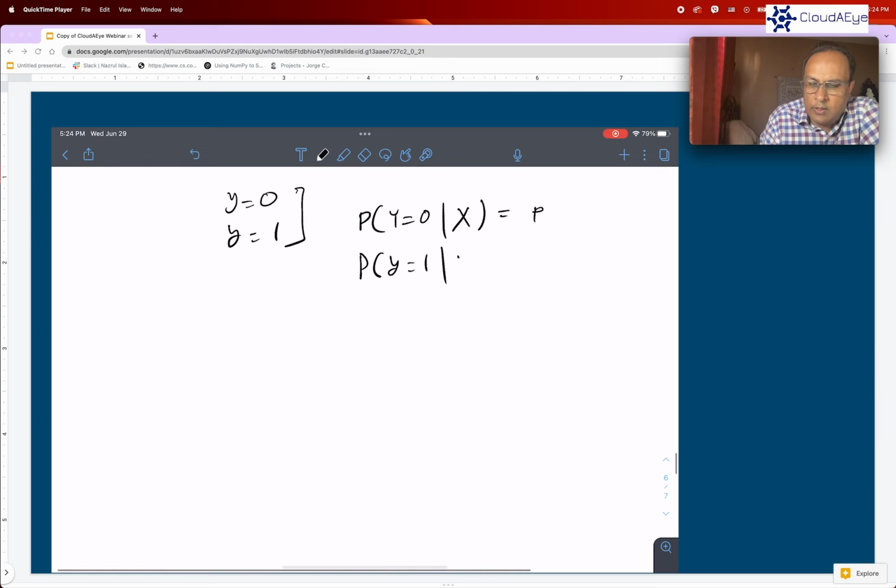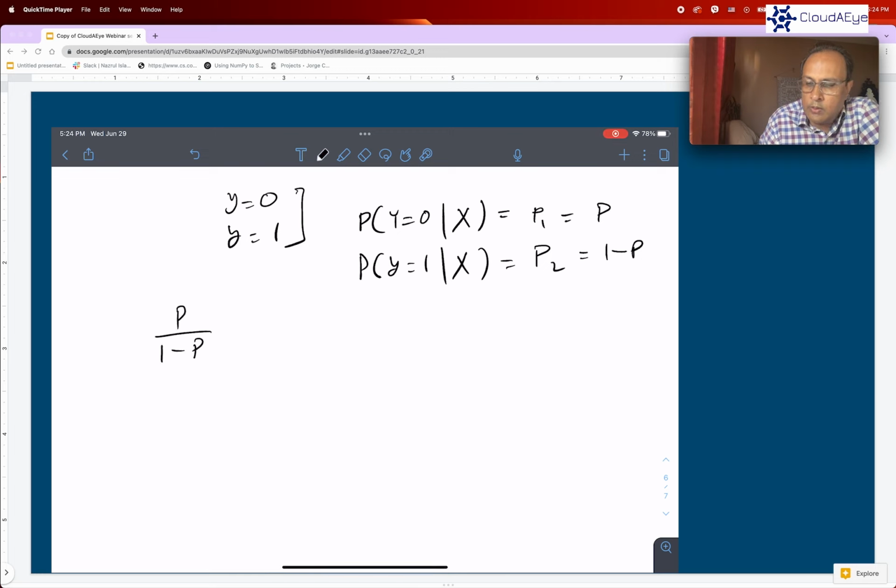And we know that these probabilities sum to 1. So basically this we can call p, and this we can call 1 minus p. If this is the case, then the odds ratio of these two classes is p divided by 1 minus p. And under logistic regression, we use a term called log odds. So this is called odds.